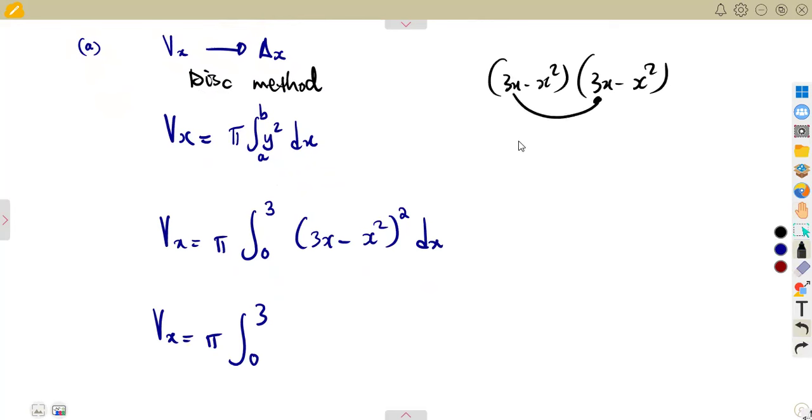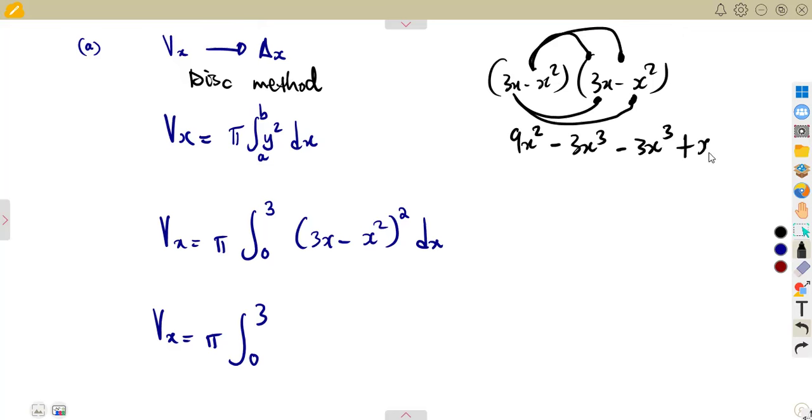So 3x and 3x, that will be 9x squared, 3x and this, that will be minus 3x cubed, minus x squared multiplied by 3x, that will be minus 3x cubed, minus x squared and minus x squared, that will be plus x to the exponent of 4. You add those exponents. So that means here we're going to have 9x squared minus 6x cubed, plus x to the exponent of 4.